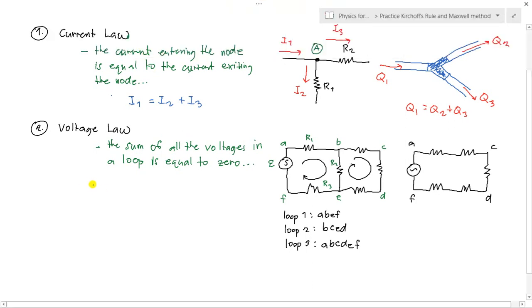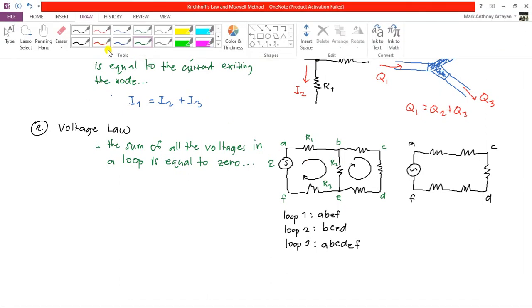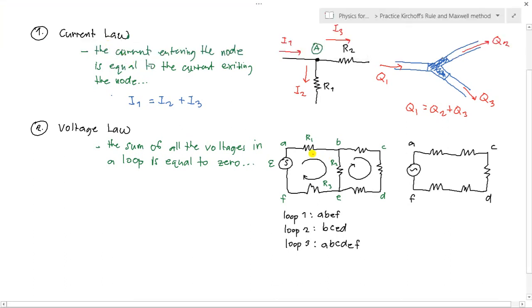If this is our direction, in analyzing Kirchhoff's, you must follow the direction of the currents. If the direction of our current is consistent, let's say it passes through R1, then goes down to R2, then goes to R3.